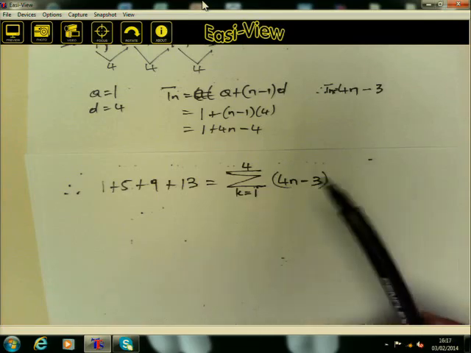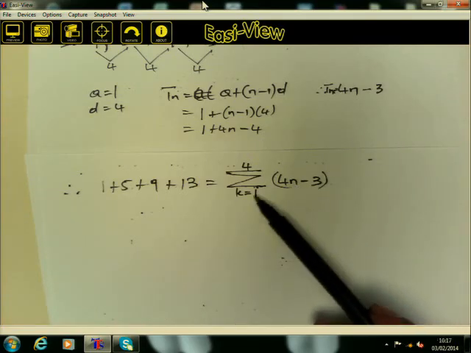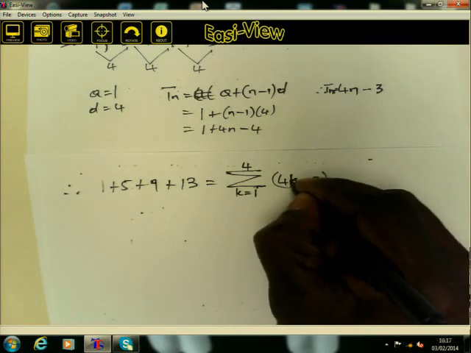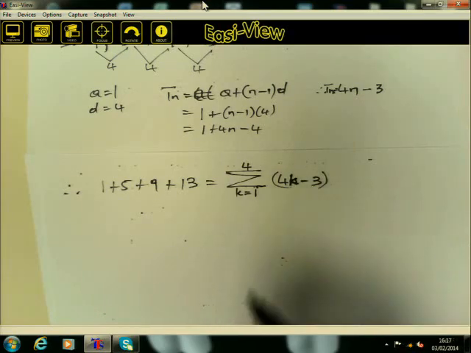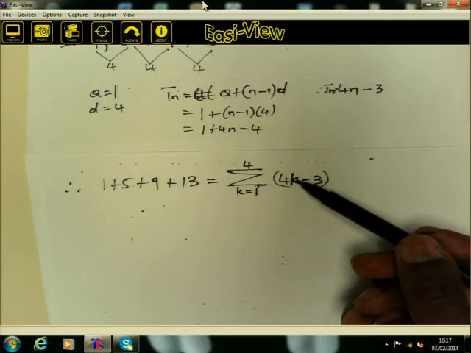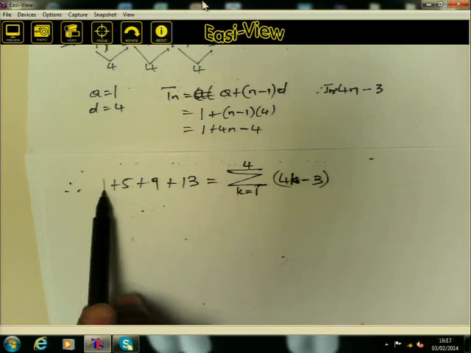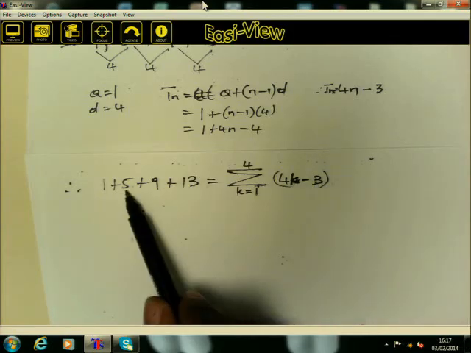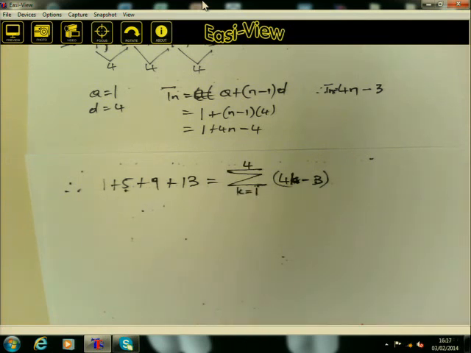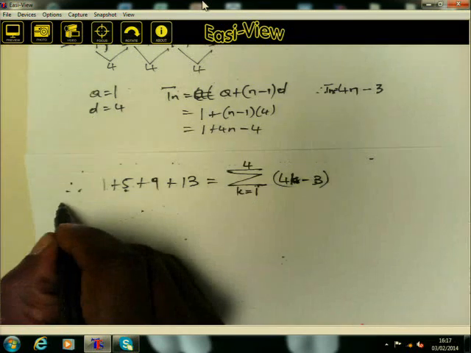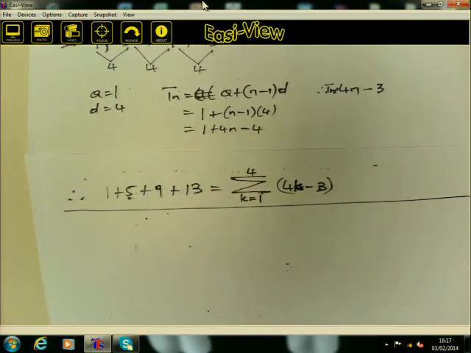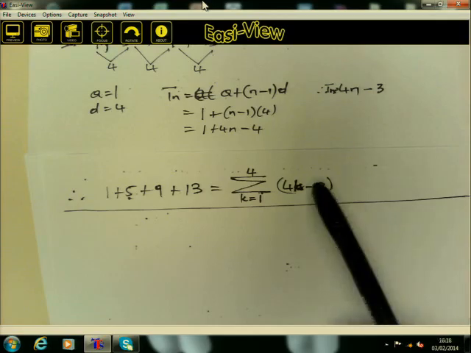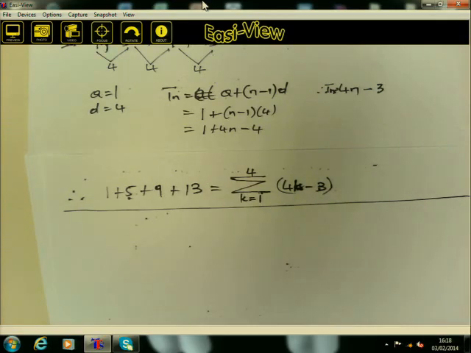We can check: if k is 1, 4 by 1 is 4, minus 3 gives us 1. When k is 2, 4 by 2 is 8, take out 3, you'll get 5, and so on and so on. Right. So that's how we write the series in the form of sigma notation. The other way around, you must be able to expand from there up to that one.